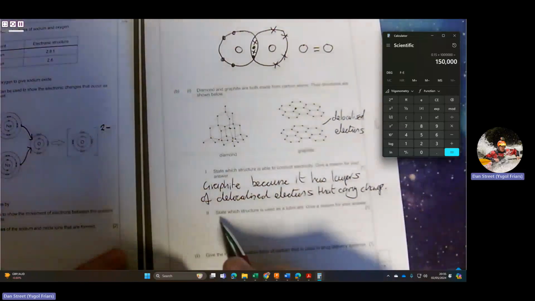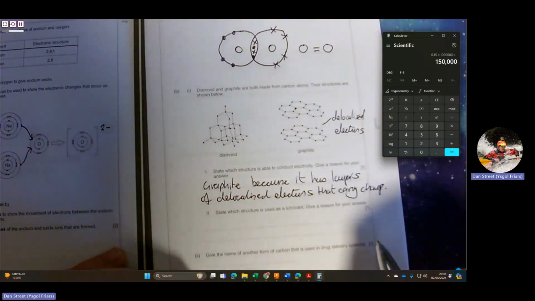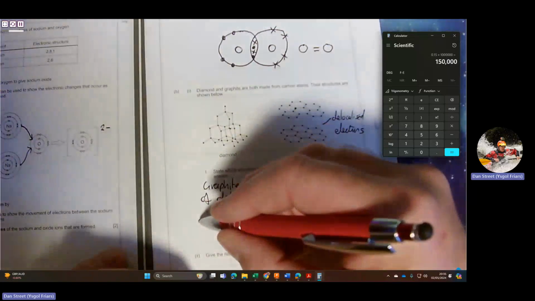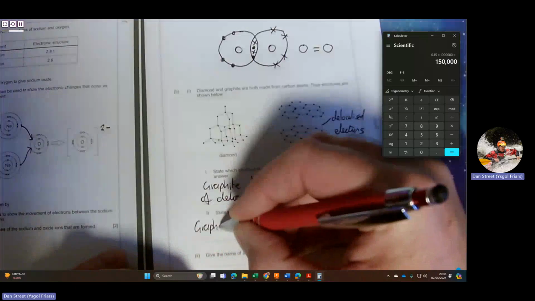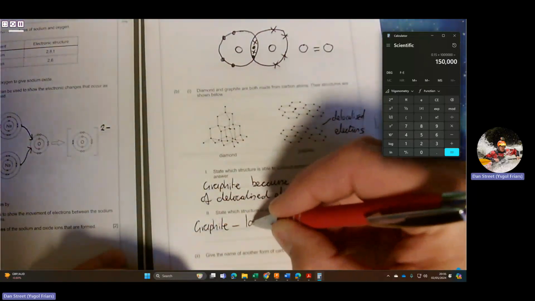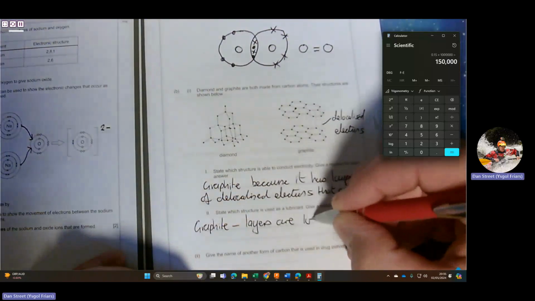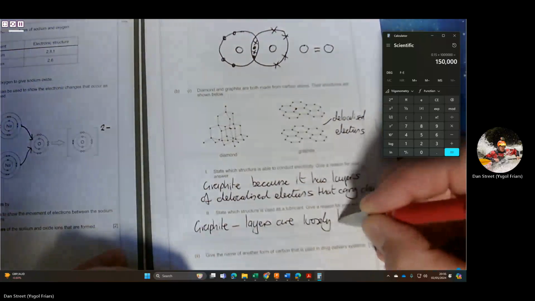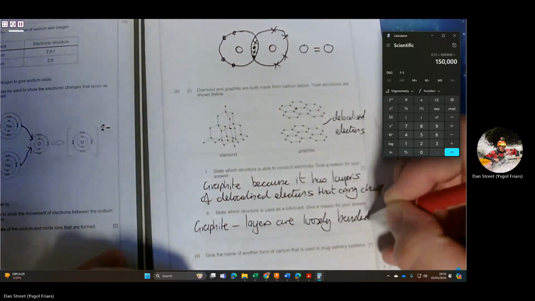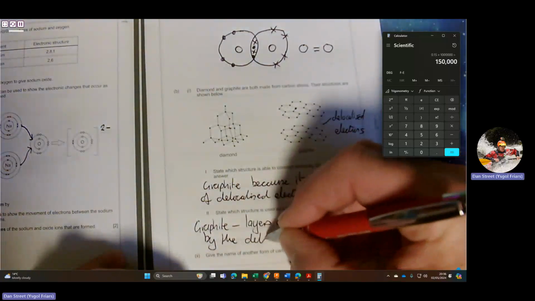State which structure is used as a lubricant, give a reason for your answer. Again, graphite, and it's graphite because the carbon atom layers are loosely bonded by the delocalized electrons.